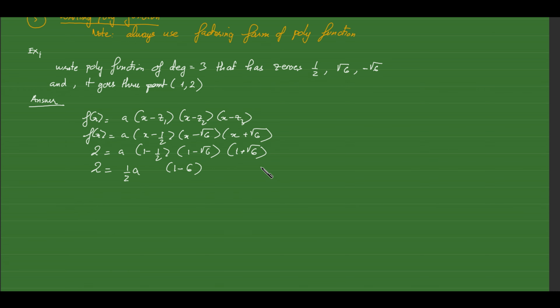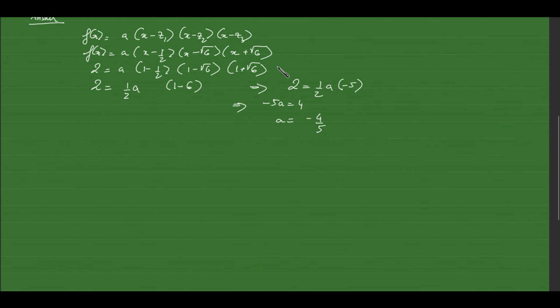So this gives you 2 times 1/2 a times negative 5, so negative 5a equals 4, a equals negative 4 over 5. Here you go, that is your a. As long as you get the a, your function will be negative 4 over 5, x minus a half, x minus square root of 6, x plus square root of 6. There you go, that will be your final answer.